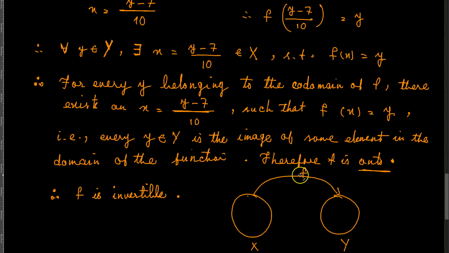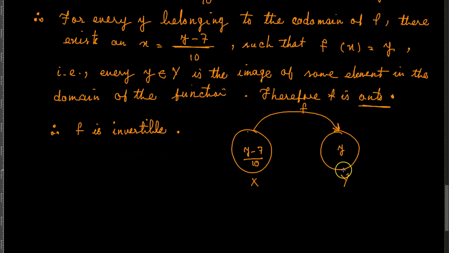So if I assume that y is some arbitrary element in the codomain of the function, there is always an element (y minus 7) divided by 10, and if I give this to f, it takes me to y, right?